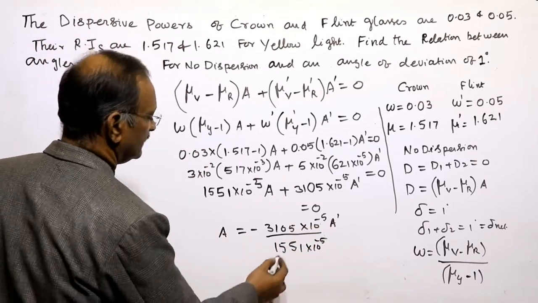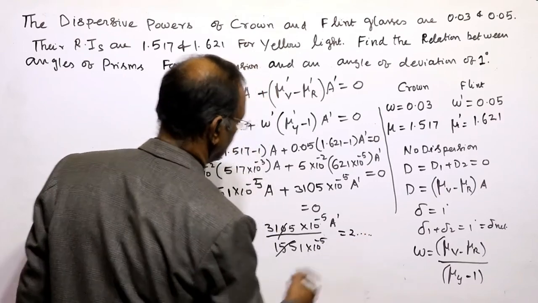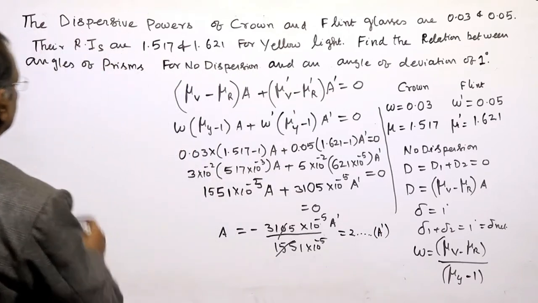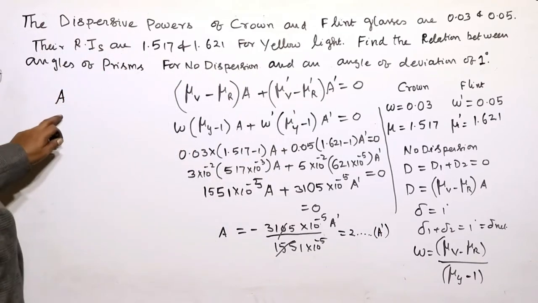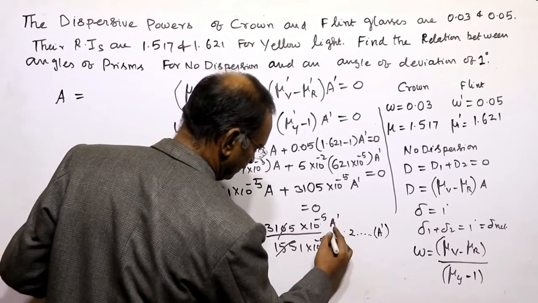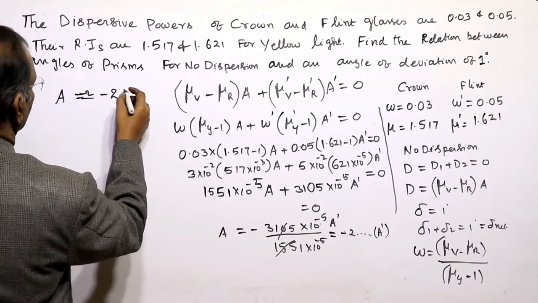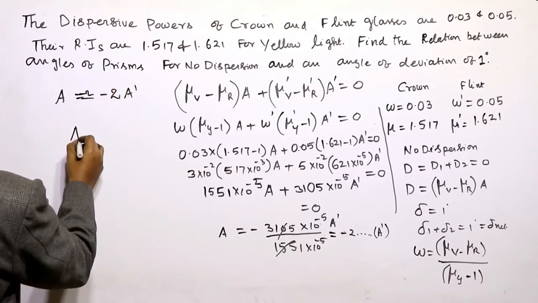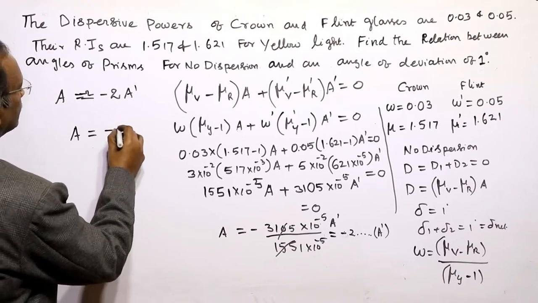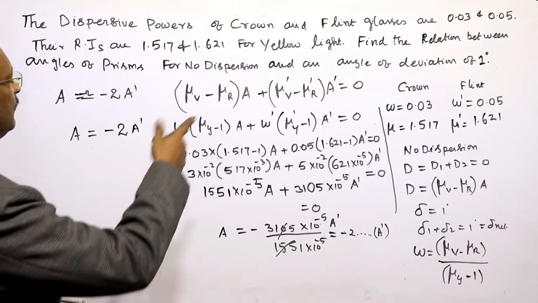Cancelling, 3105 divided by 1551 is approximately 2. So A, the angle of the crown prism, is approximately minus 2 times A dash, where A dash is the angle of prism of the flint glass.